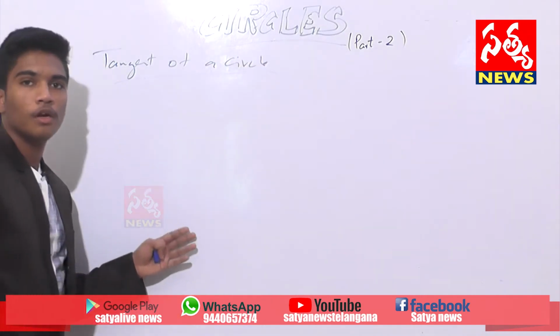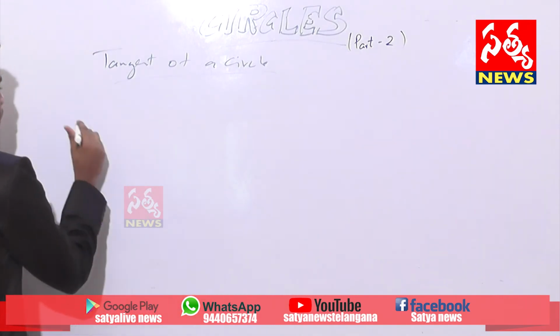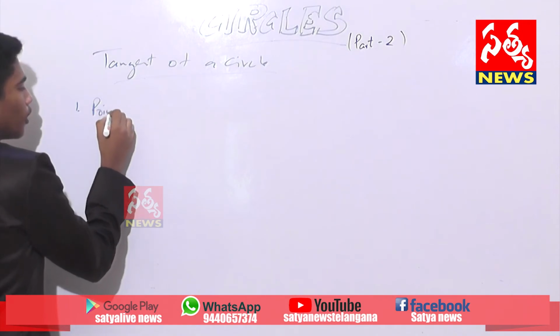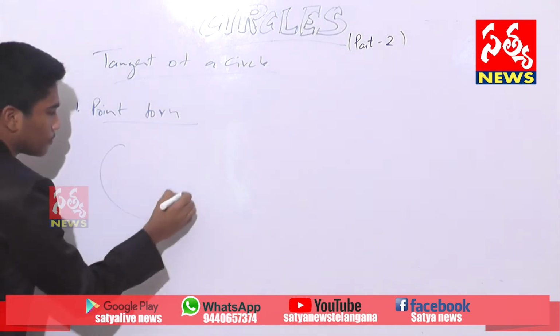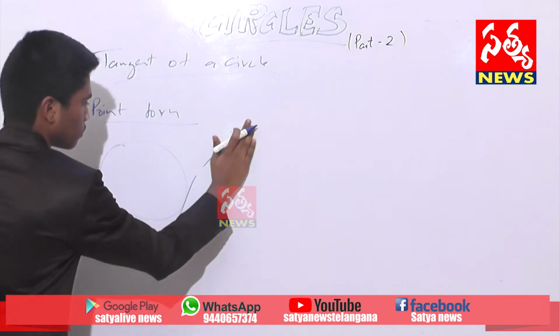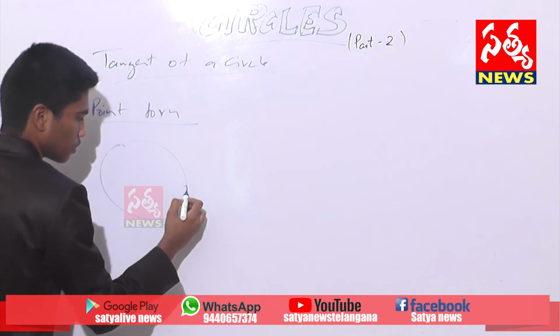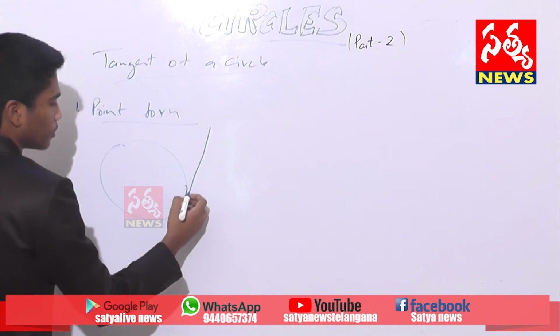First of all, let's discuss different equations or different forms of a tangent of a circle. First one is point form. If this is a circle, this is a tangent to a circle.